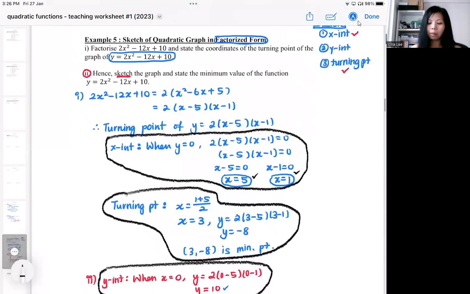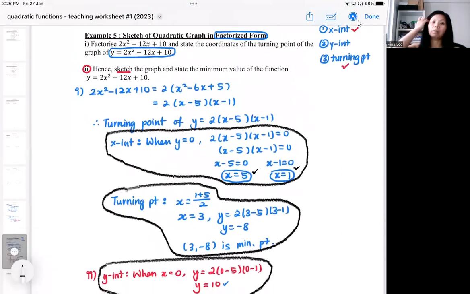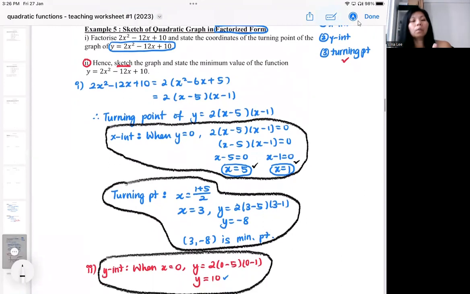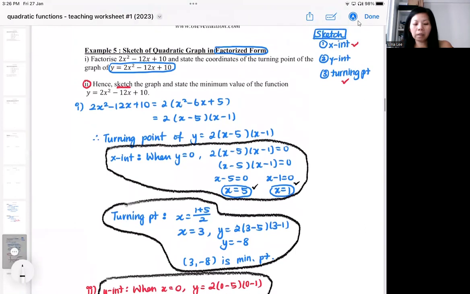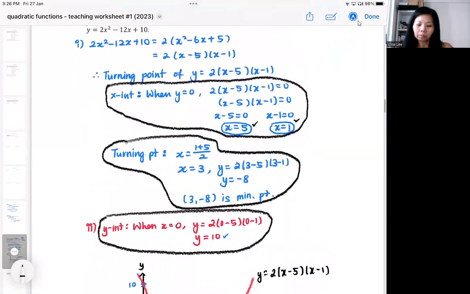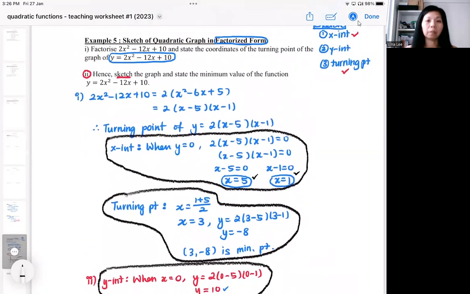It's just that you need to build the 3 blocks in your head, or show your working in this way. If you think about this, you need 3 blocks of working, and it will guide you. So this is the factorized format. Later on, when we go to the complete square format, we are still using the same strategy. We also need the 3 blocks to guide you in the sketching. This can be found in your E-Math and your A-Math.